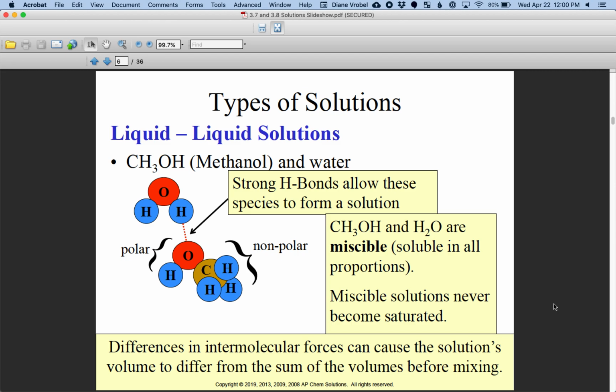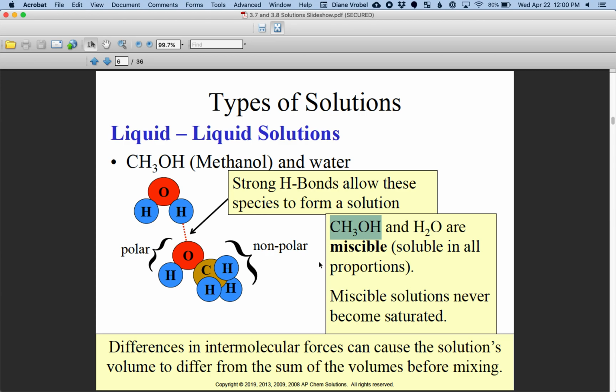Okay, so some of the types of solutions, and I would get very familiar with intermolecular forces because that will help you determine whether or not something will dissolve in that phase. So here is an example of water and methanol. Methanol is an organic compound that happens to have an OH covalent bond on the end of it, and as a result, it allows for hydrogen bonding.